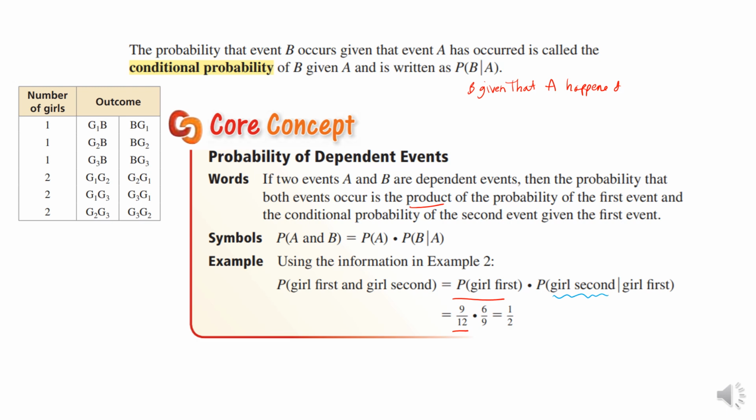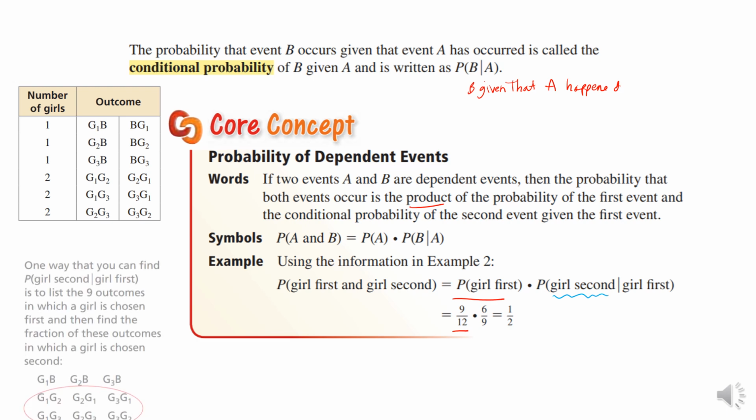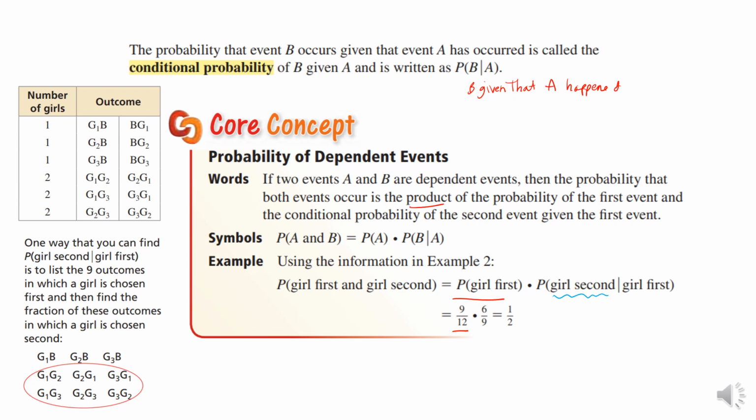There were 9 girl first, and so that becomes the denominator for this one. So girl first, and then what was the probability of girl second given girl first? There was 6. So that is how you find the conditional probability. Then you multiply them, and you would get 54 over 108, which would reduce to 1/2.